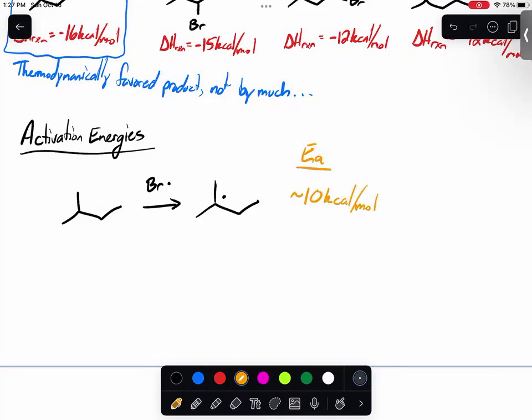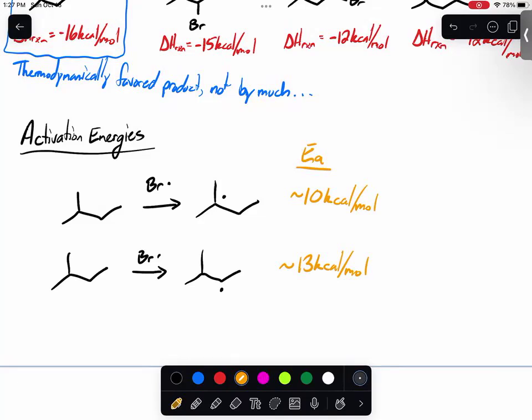Okay, that's pretty interesting, because that's a pretty high activation energy, but it's not too bad. Next up, though, if we did it the same way, but this were to go and grab from the secondary position, the activation energy is actually now about 13 kilocalories per mole. So we would say that the tertiary position is actually faster because it has a lower activation energy.